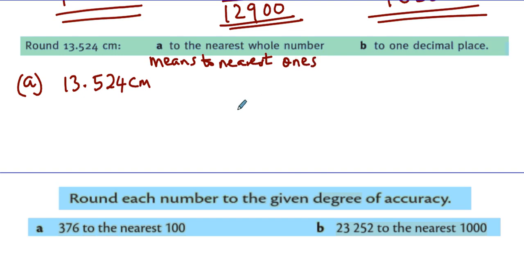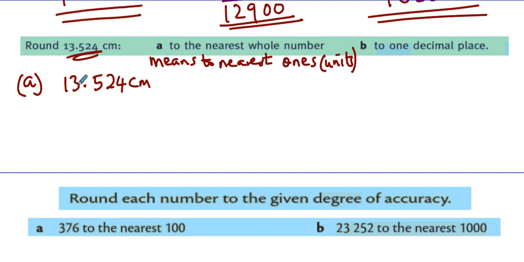This is what it means. So when they ask you to round the given number to the nearest whole number, that means you will be rounding this number to the nearest ones or to the nearest units, because units and ones are the same.